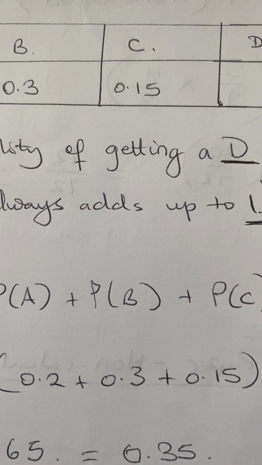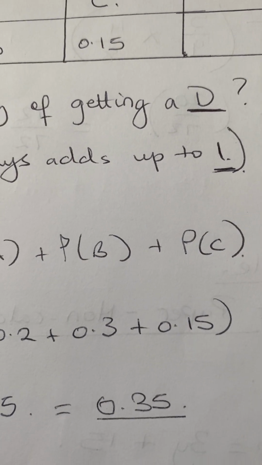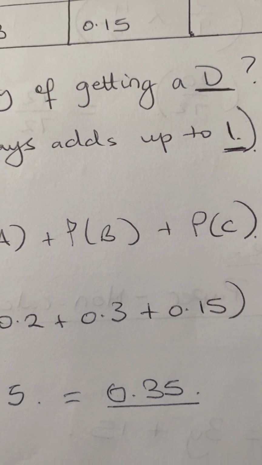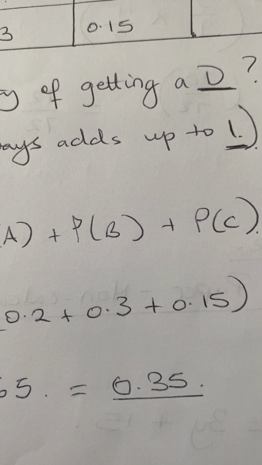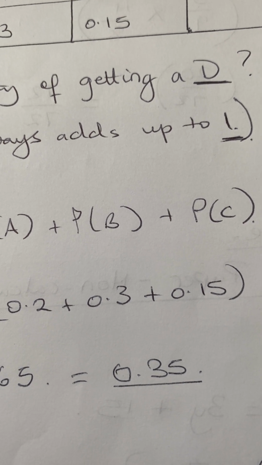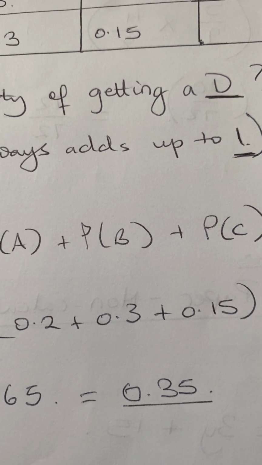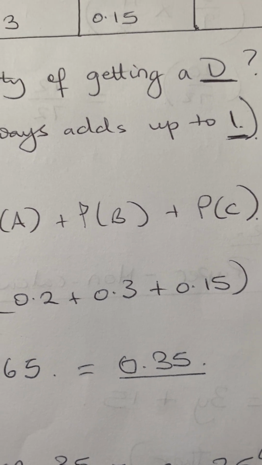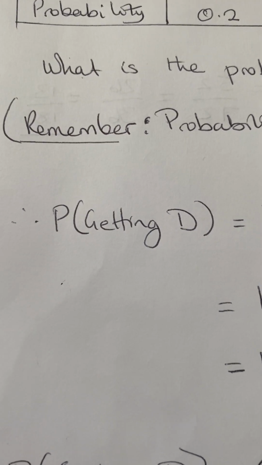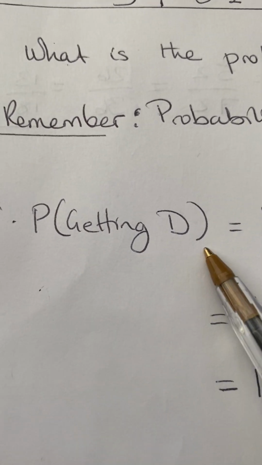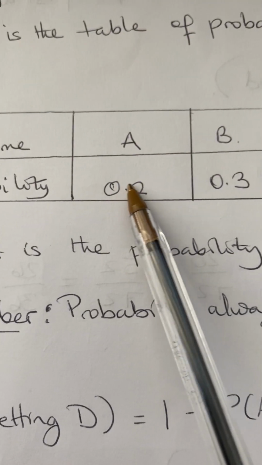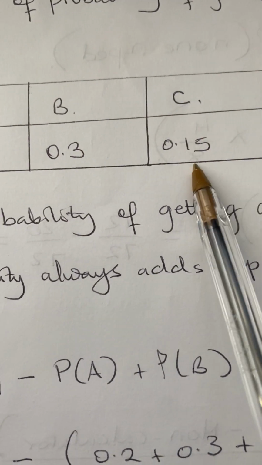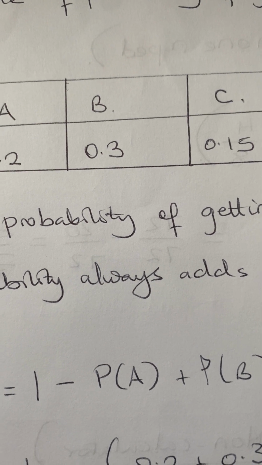If they give you the question in percentages and you get 125%, it's wrong, because probability will always total to 1 or 100%. What is the probability of getting a D? So you add the probability of A, of B, of C, and take it from 1.